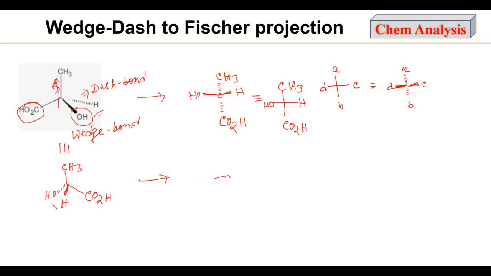And if we draw this, it will look like this: hydrogen will go on the right side, the OH group will be on the left side, the methyl group will be above on the vertical axis, and this CO2H group will be below the vertical axis, and both these groups will be on the rear side, so they will be below the plane.